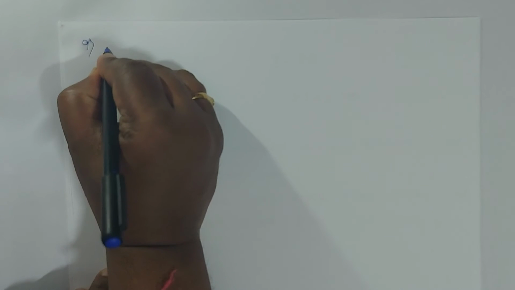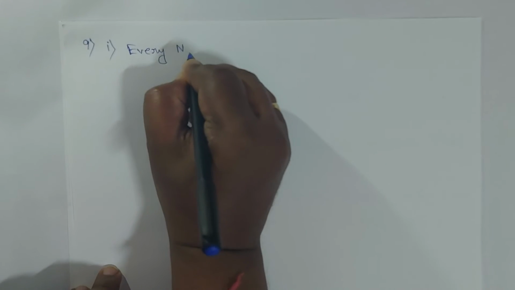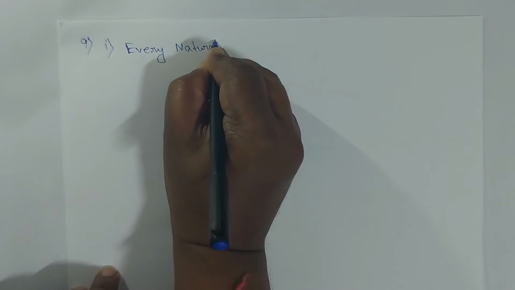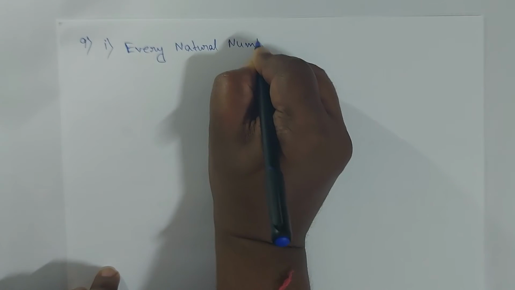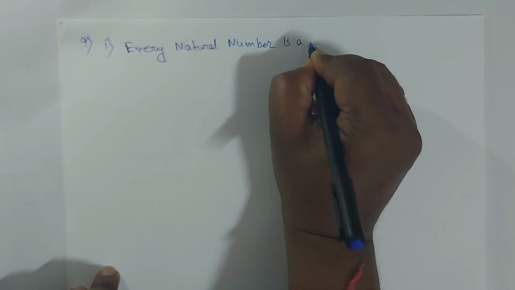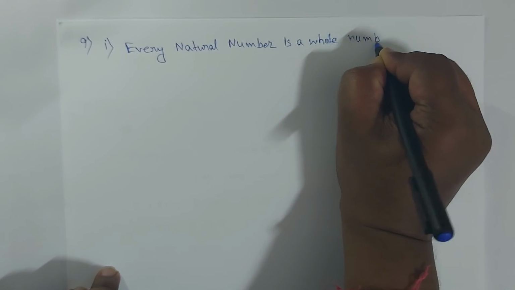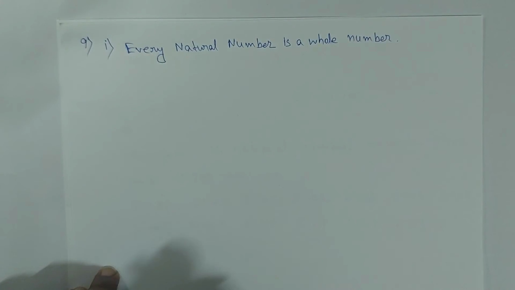The first statement is: every natural number is a whole number.